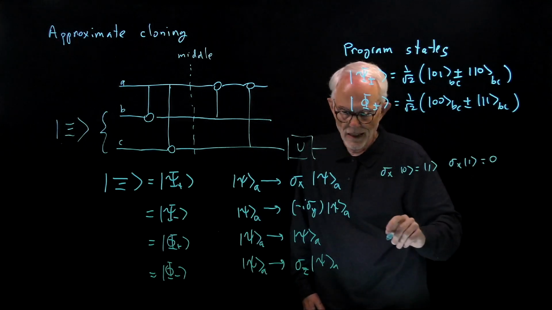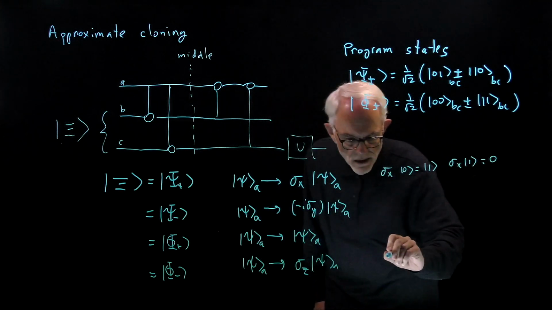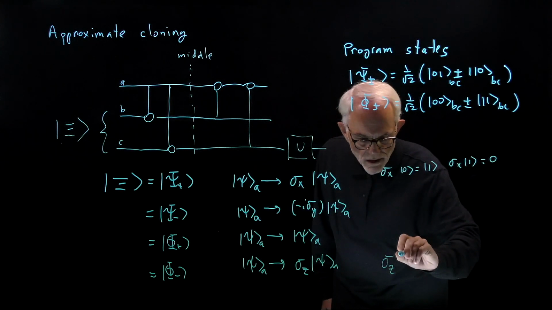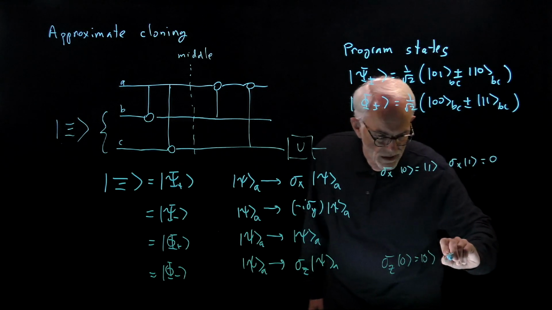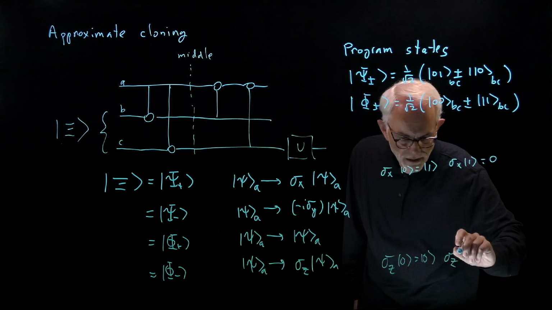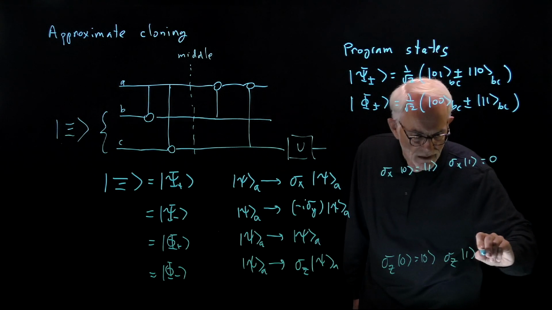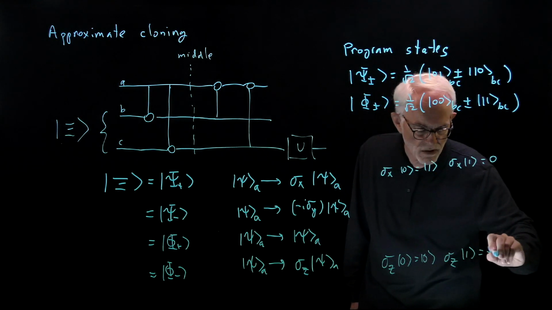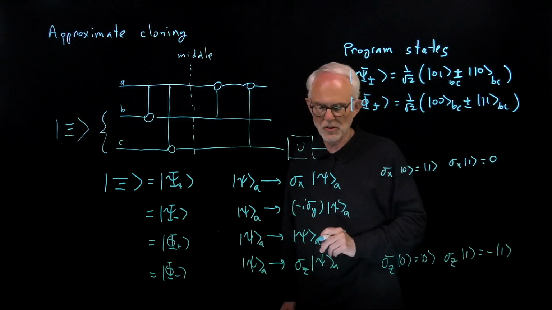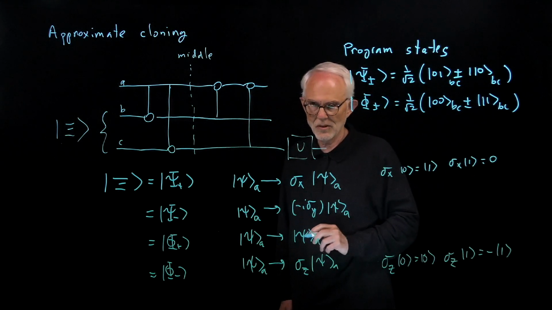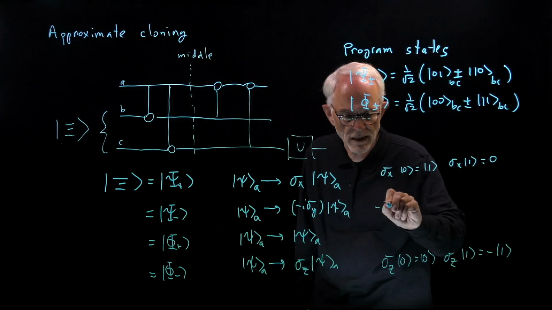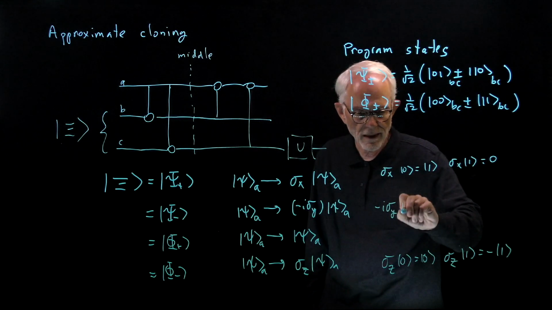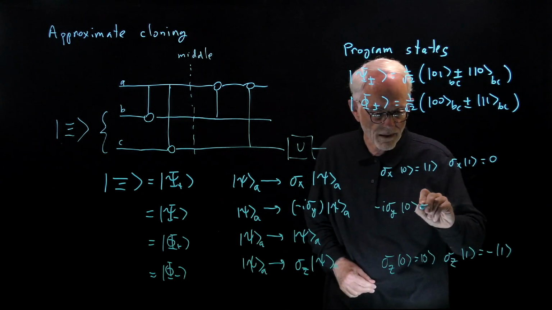Okay? And sigma z, 0 equals 0, and sigma z 1 equals minus 1. And for the sigma y, let me take a second. So the minus I sigma y acting on 0.